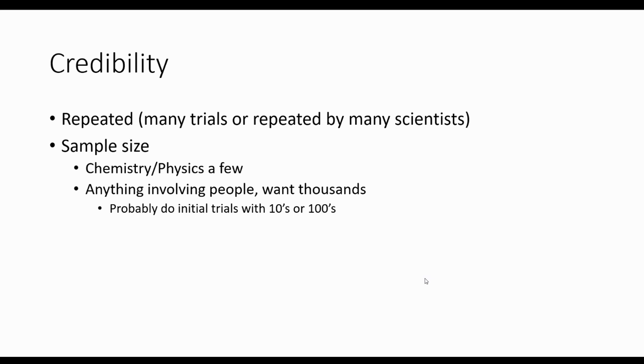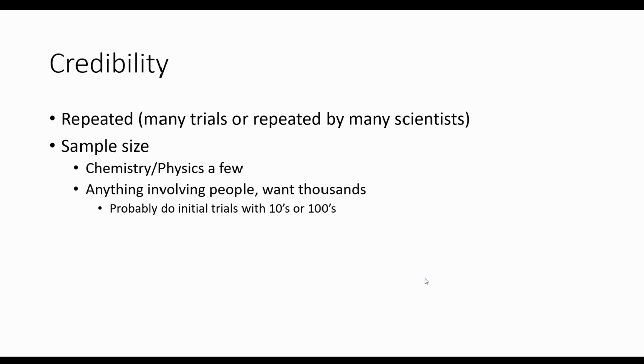We're not going to have the randomization of people from all different continents or all different parts of the United States, all ages, all social backgrounds, all genders. We're not going to have the diversity to say, yes, this is something that applies to everybody. So we really want to have thousands.